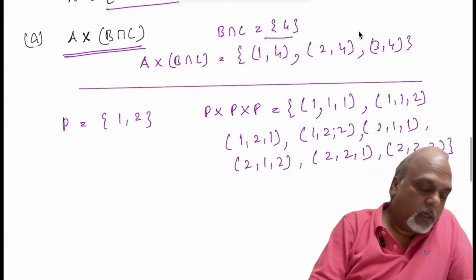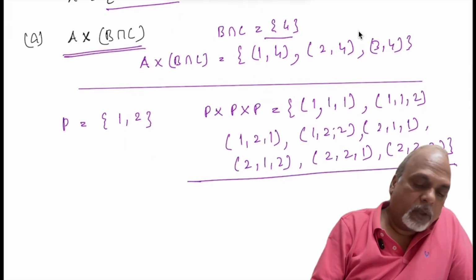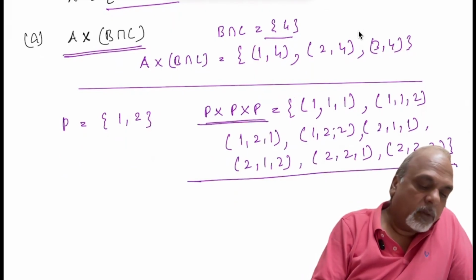So here, just see, these are all the ordered pairs of P cross P cross P.